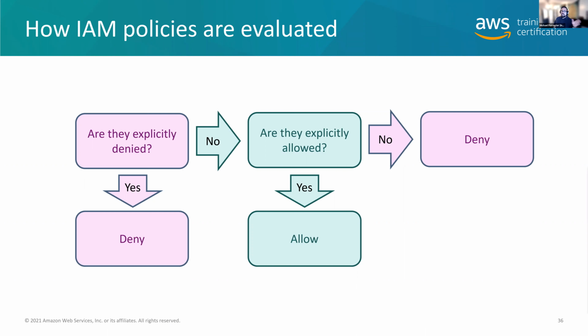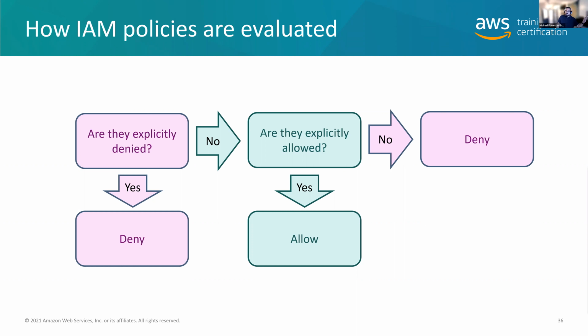But know that if any of those conditions are actually true, if they've been explicitly denied, they're denied. If there's no explicit deny and they've been allowed, they're allowed. If there is neither an explicit deny nor an explicit allow, then the implicit or invisible deny takes over. So as he stated, explicit denies take precedence every time.